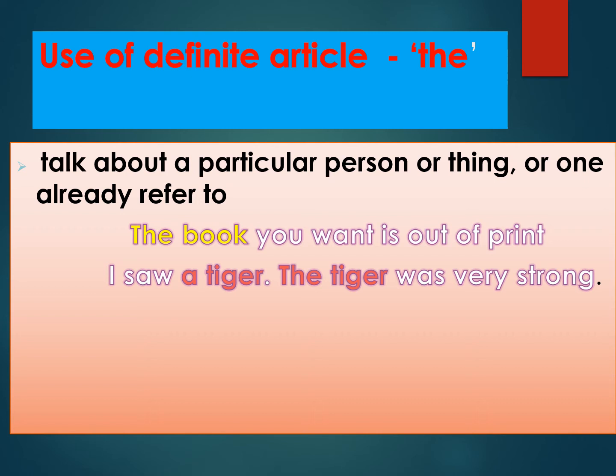So it is very clear from the context which tiger we mean. Already we talked about the tiger in the first sentence, that tiger. So the definite article the is used before the noun tiger.